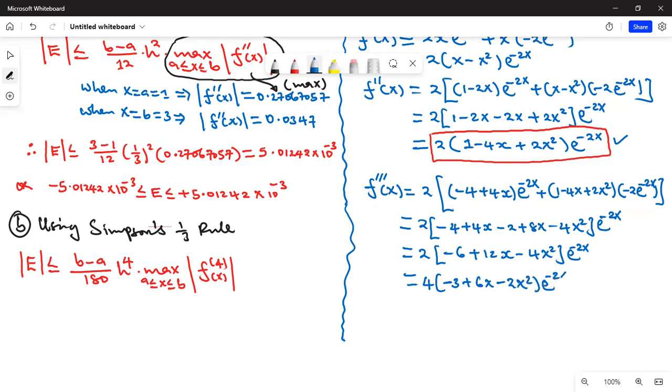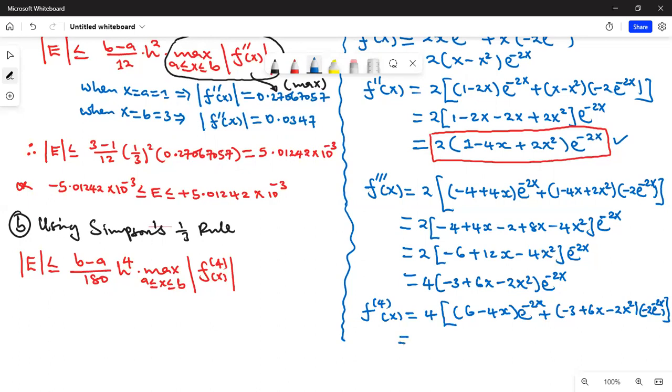Let's get the fourth derivative. The fourth derivative of that function is equal to 4 into 6 minus 4x, exponential negative 2x, then plus negative 3 plus 6x minus 2x squared as a constant times negative 2 exponential negative 2x.